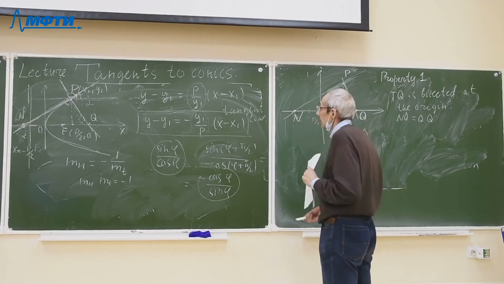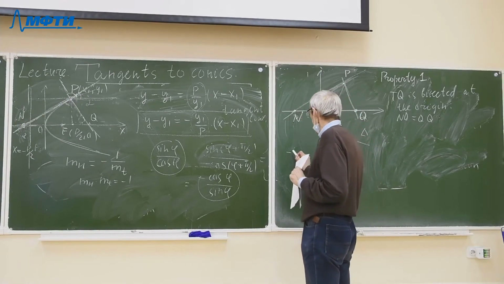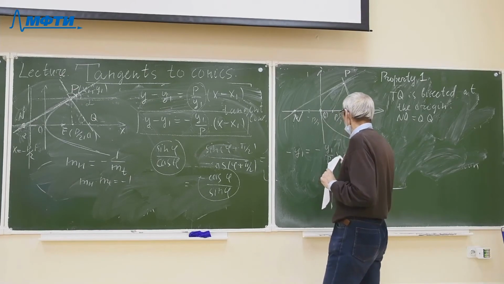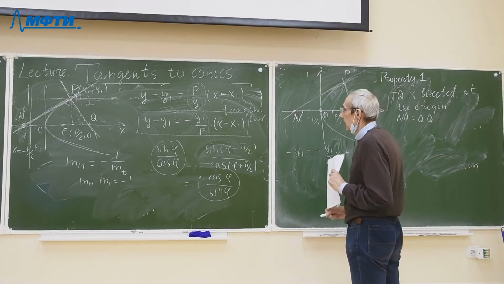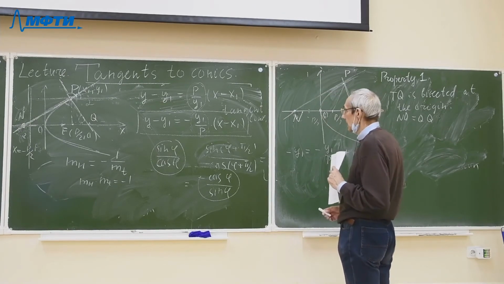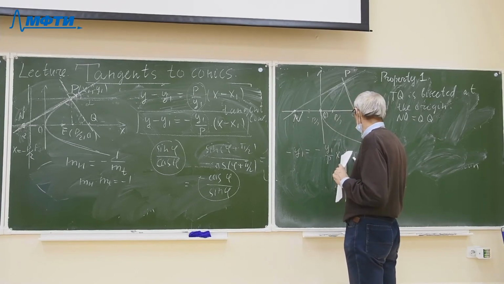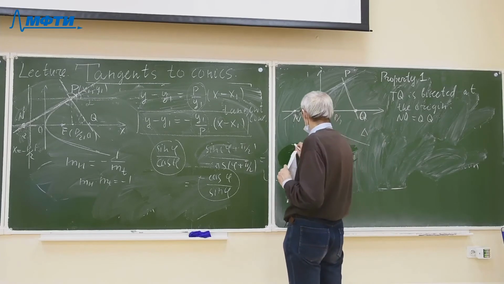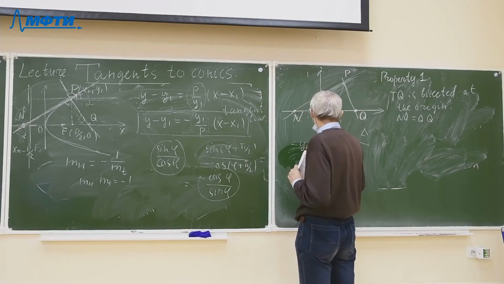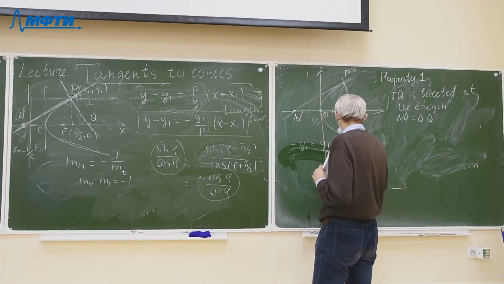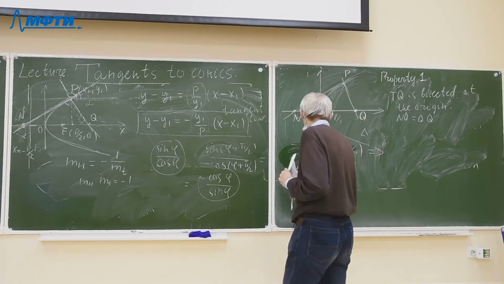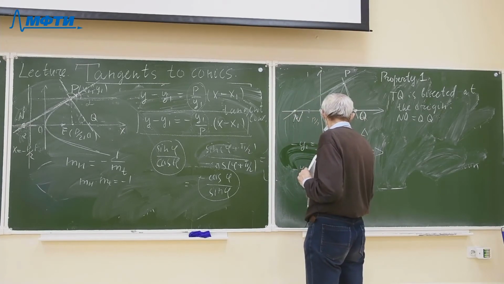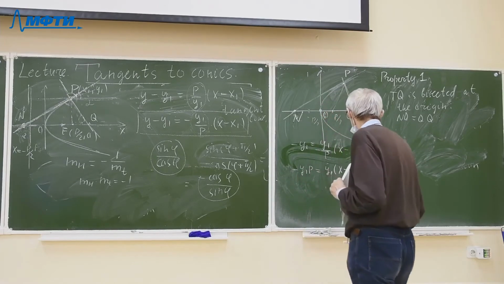This value is exactly the coordinate of the point Q. We obtain minus y1 is equal to p times x minus x1. Yes?